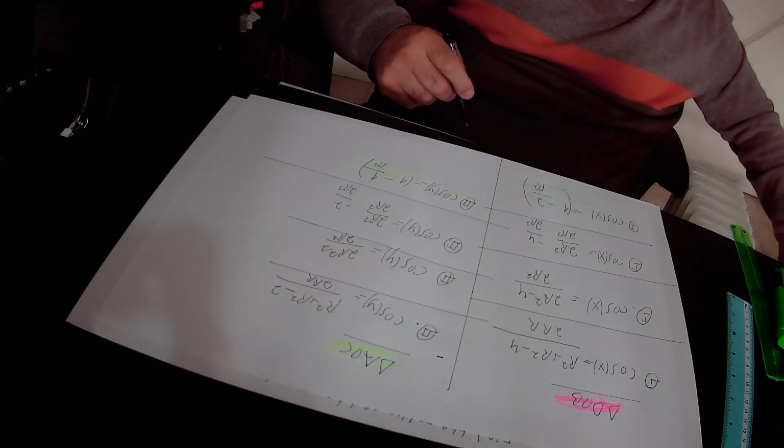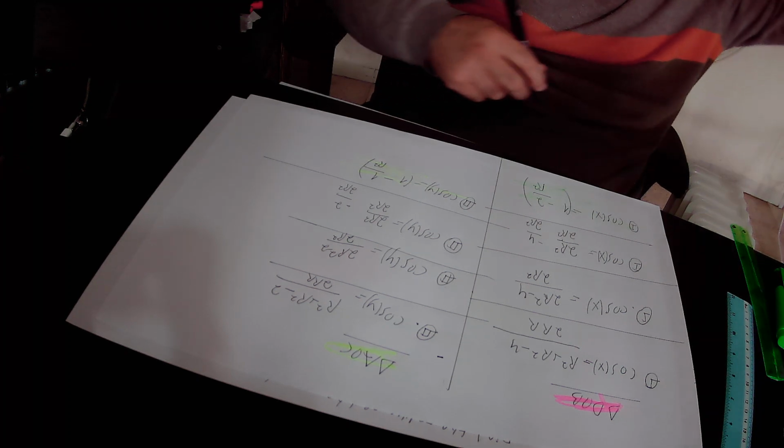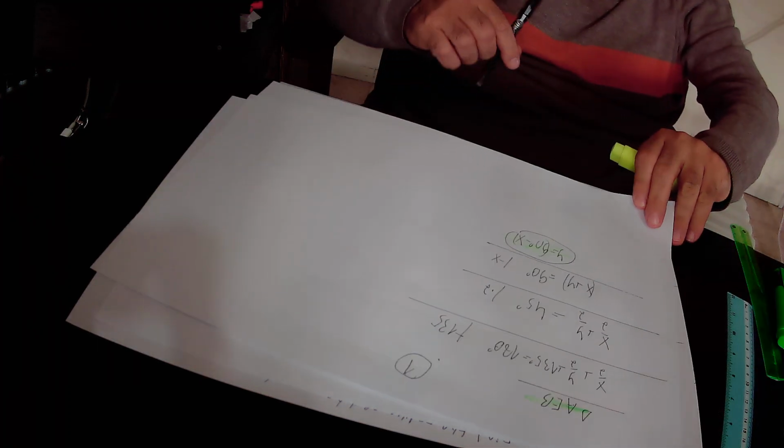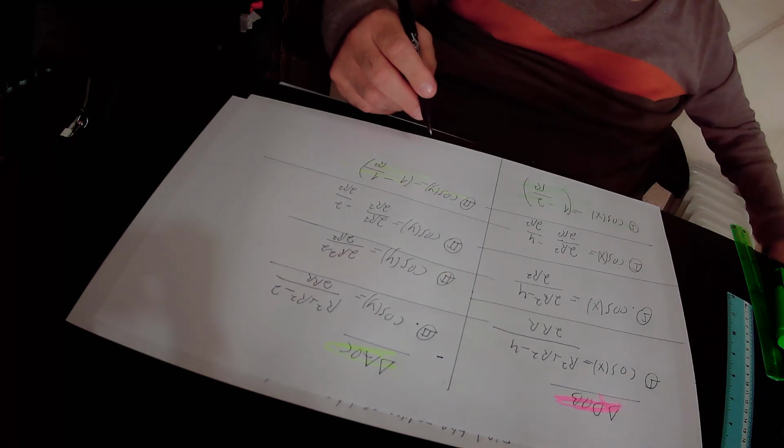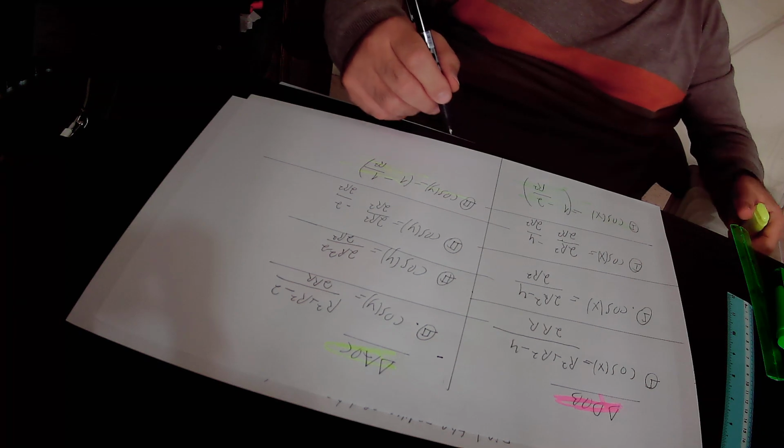We have also found out that y equals 90 degrees minus x. So we substitute y in this equation number 2 by 90 degrees minus x.